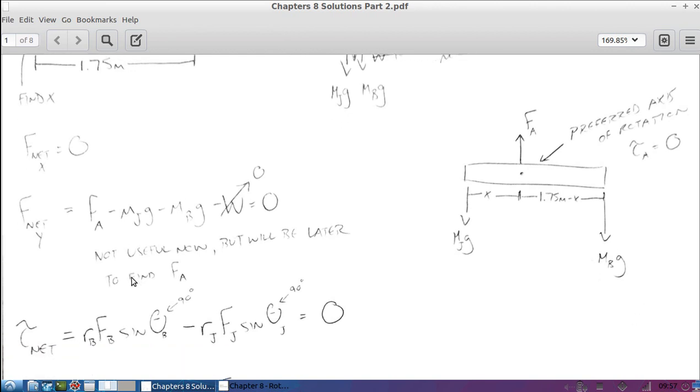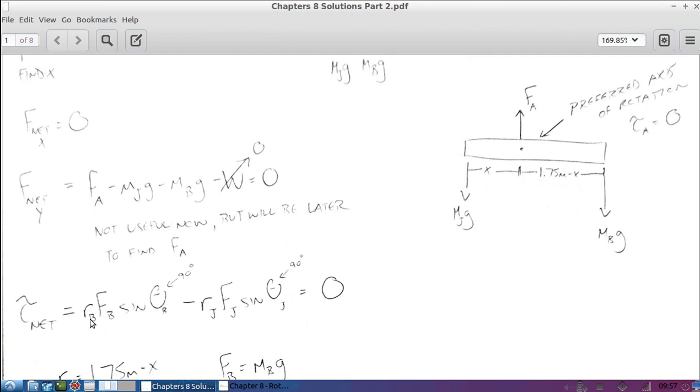So we use our cross product definition for torque, r F sine theta, for both John and Bob. If you notice, our r vectors go like this. There's John's r vector, and Bob's r vector goes like this. John and Bob are both applying forces that are perpendicular to their respective radius vectors, or lever arms.